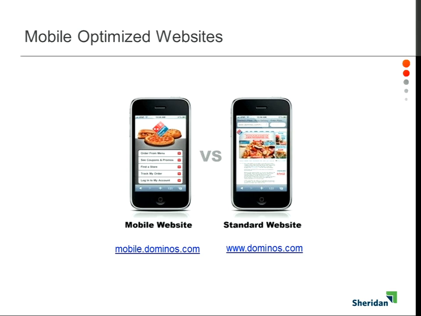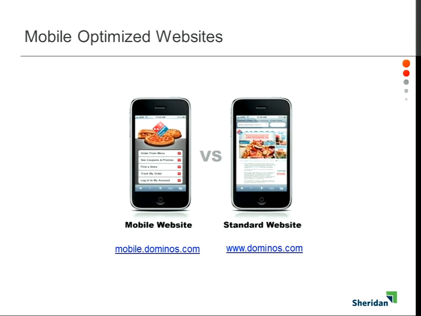Other sites may have m. And so what that means from an end user's perspective is not a lot, but from the developer's perspective, from the owner of the site's perspective, you're now maintaining two different sets of code. So this is a challenge to deal with, having to deal with two sets of code in the site.